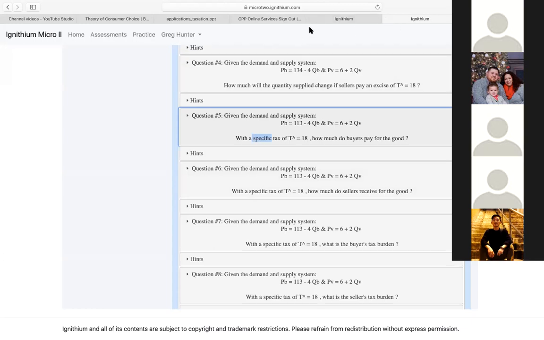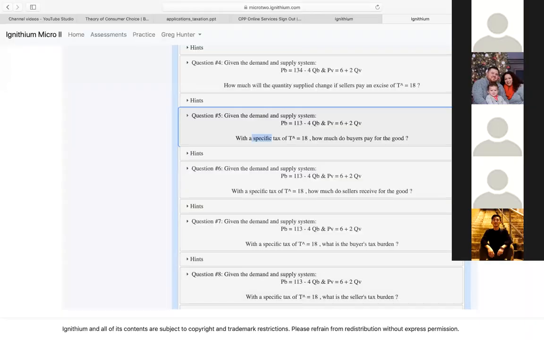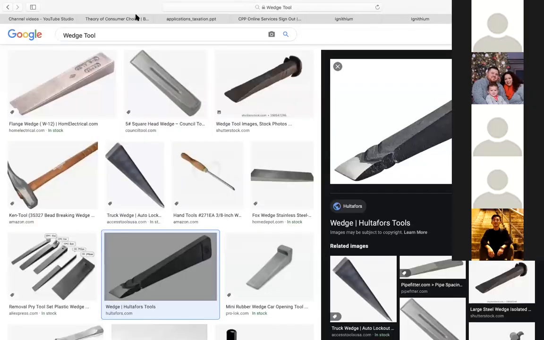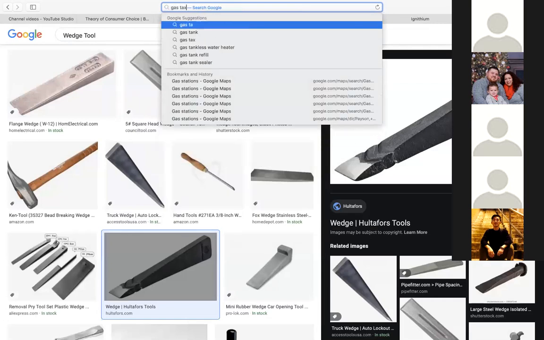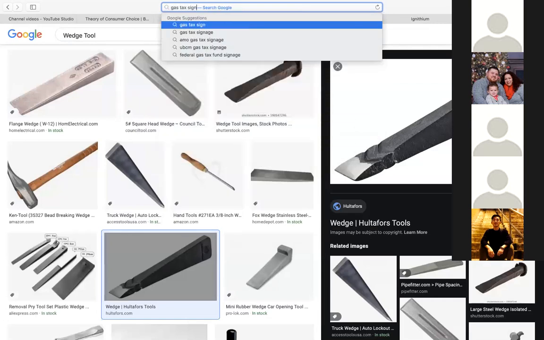Okay. So let's see. We'll stop share. And let's go share screen. I'll share that one more time. Go here. This tax sign in California on pump.